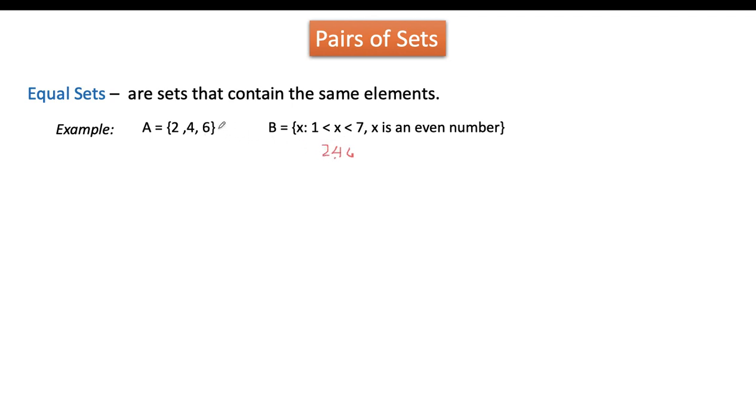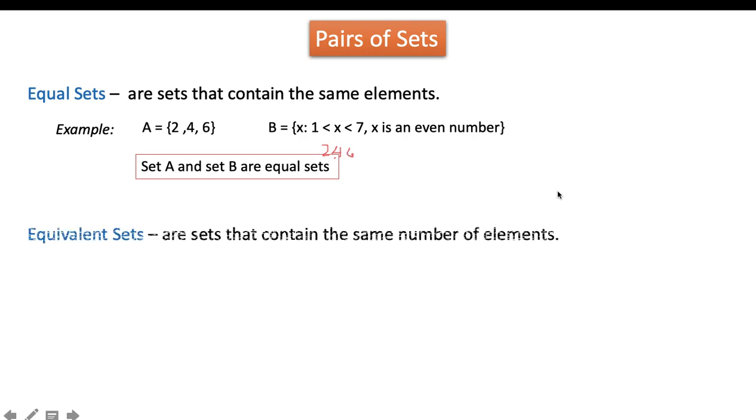Notice that they have the same elements. Therefore, we can say that set A and set B are equal sets because they have the same elements and the same cardinality. While equivalent sets are sets that contain the same number of elements.